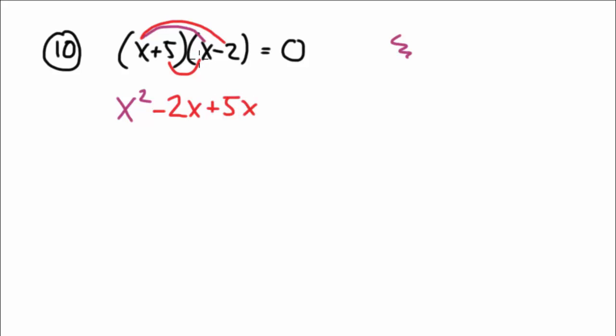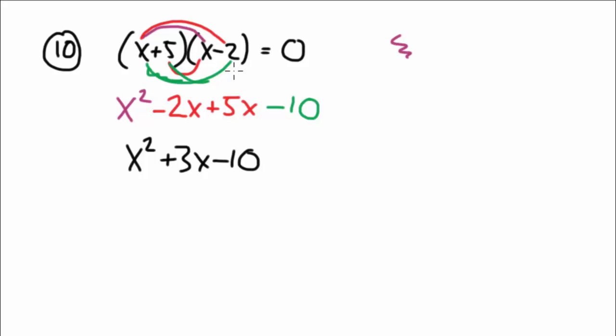And last but not least, that times that, which is going to be -10. So we just bring all that together as x squared plus 3x minus 10. Just double check, x squared, it's there.